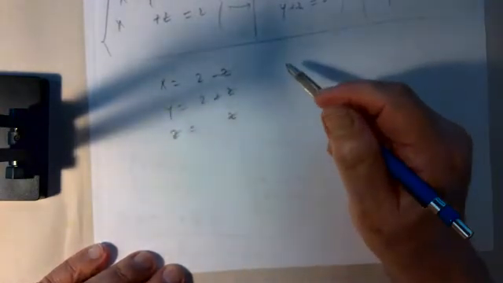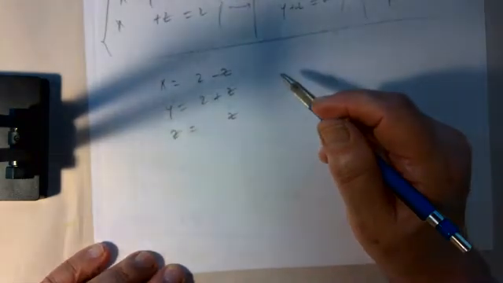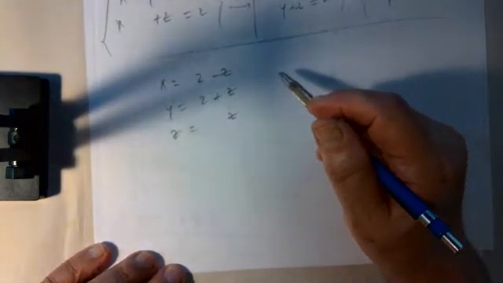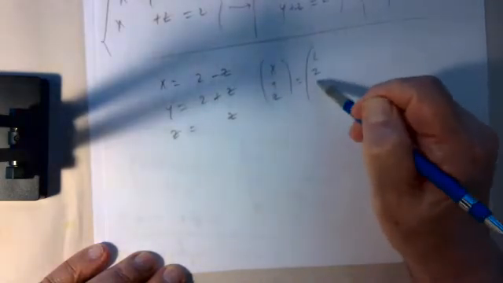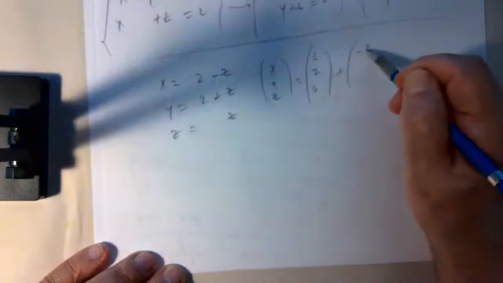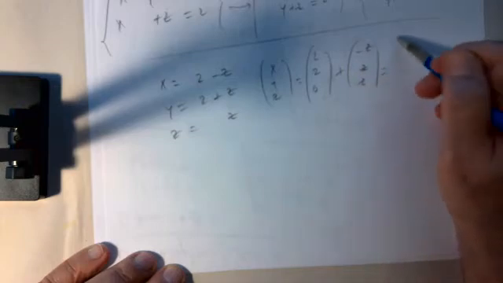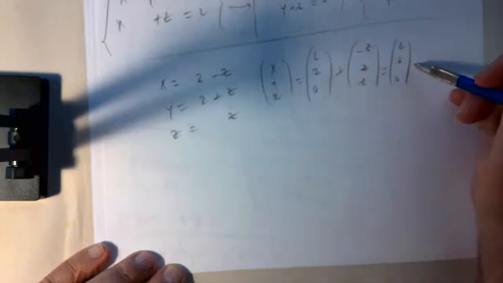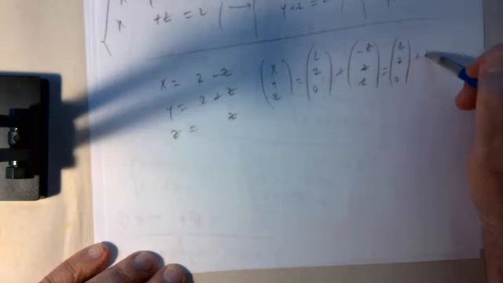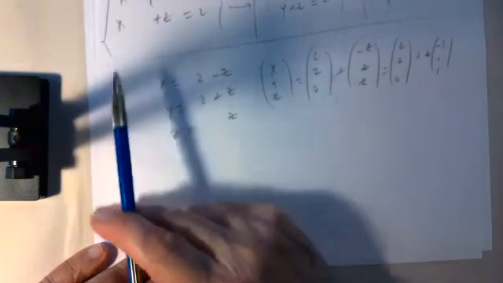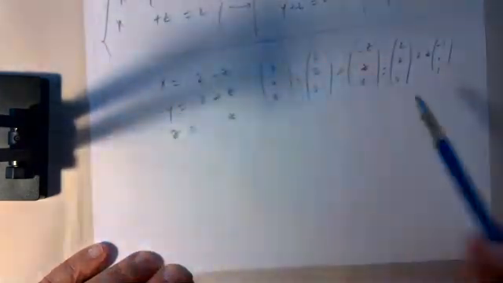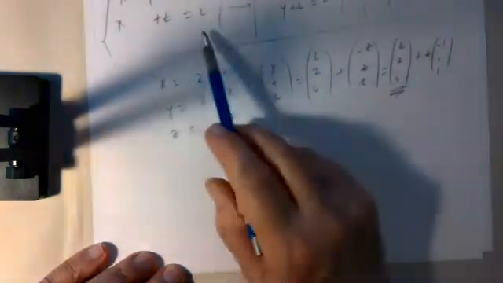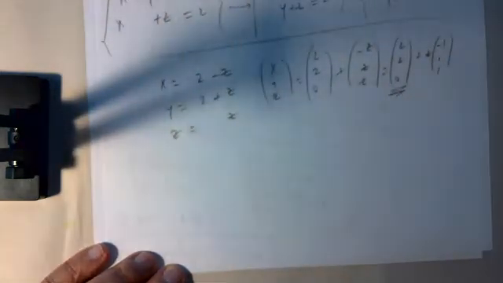So it looks like for the first system of equations, x, y, z is going to be 2, 2, 0 plus z times the vector minus 1, 1, 1. Let me just check. 2 minus 2 is 0, and 2 plus 0 is 2. So this is a particular solution to the inhomogeneous system.